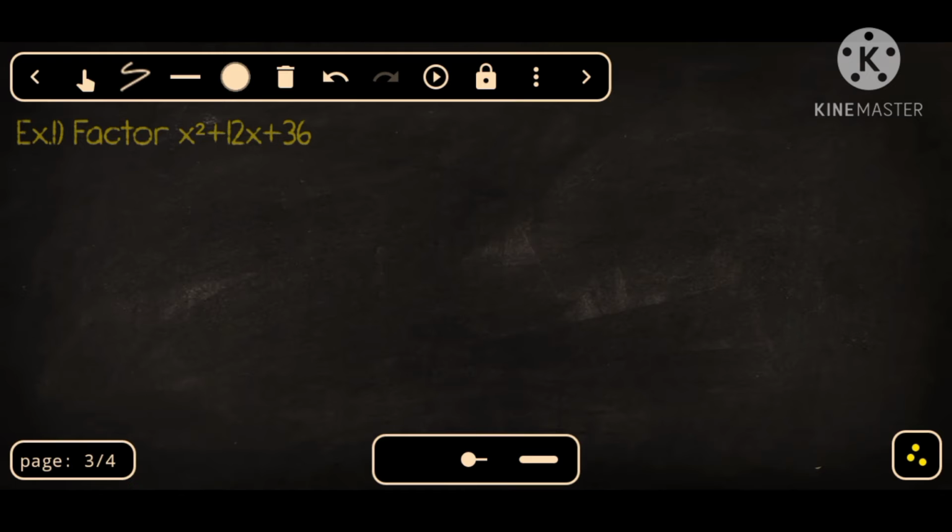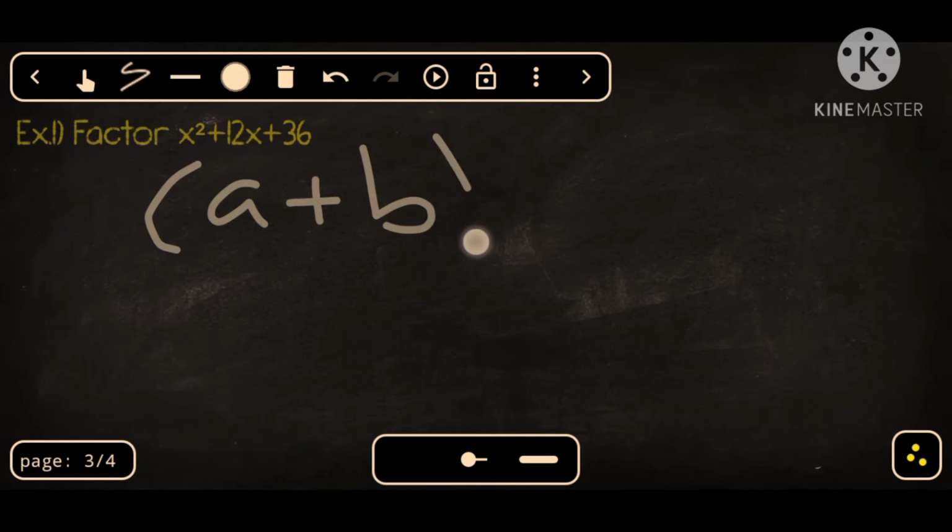Let us have an example. Factor x squared plus 12x plus 36. First things first, let us identify the operation of the middle term, or the second term. The second term is 12x, and the sign is plus. Therefore we are going to use (a plus b) squared.